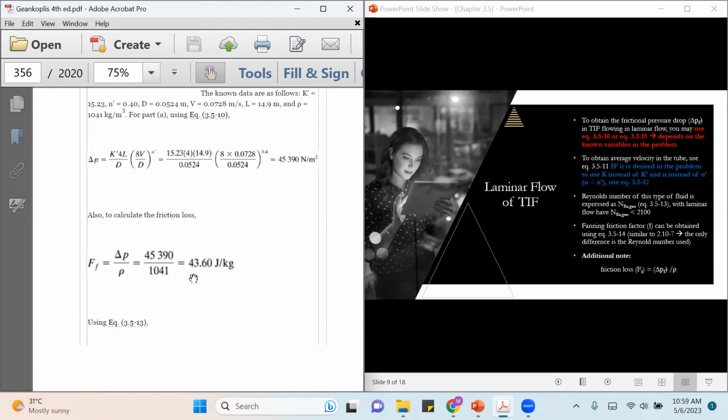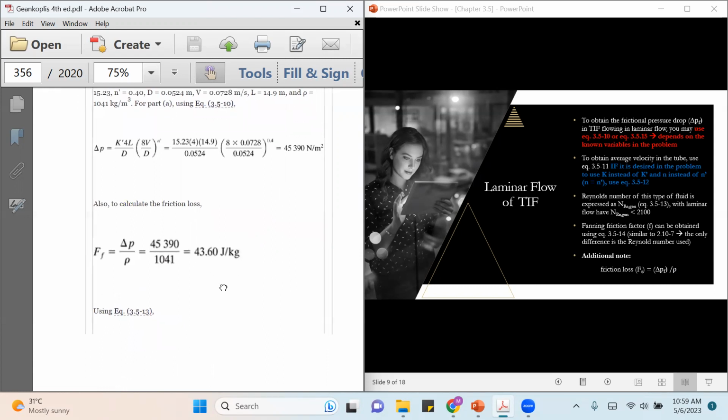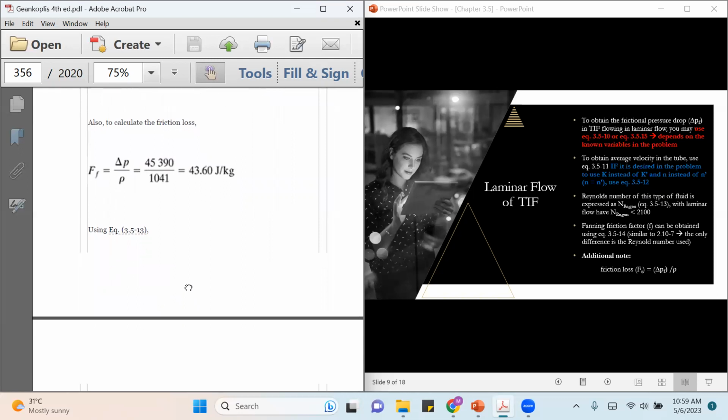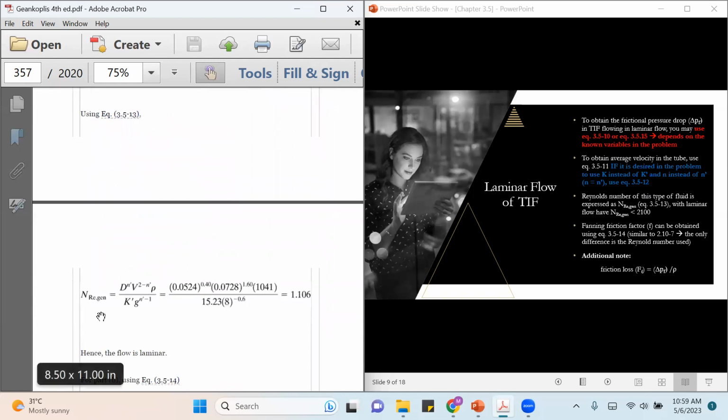Then I want to use this value to check whether it's really laminar or not. I will use equation 13 to calculate the generalized NRE, the n and K version of the equation. I put all the known values here and I get this. It's indeed less than 2100, so it's indeed laminar.